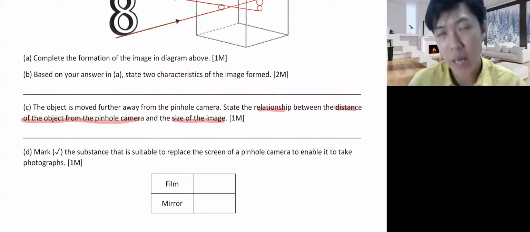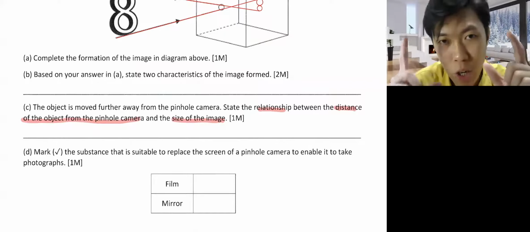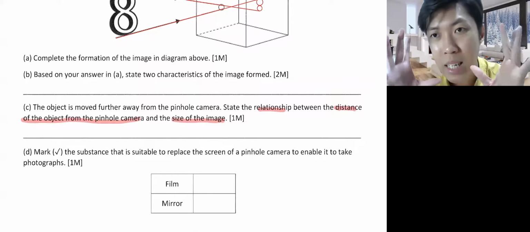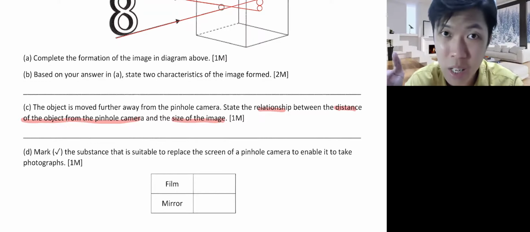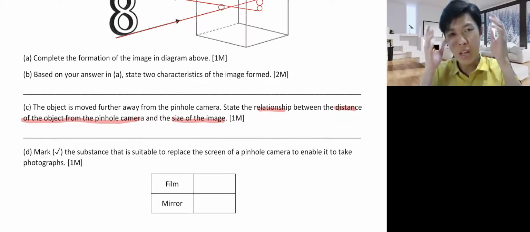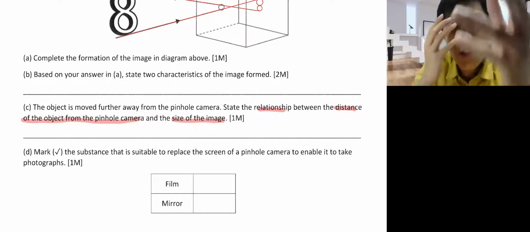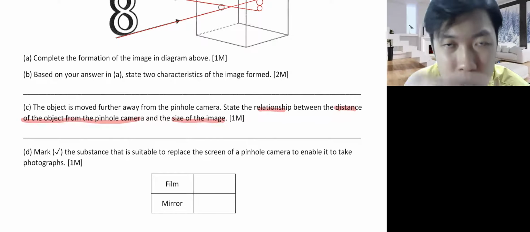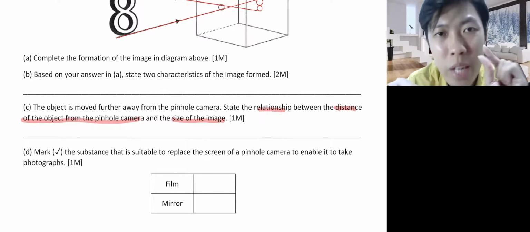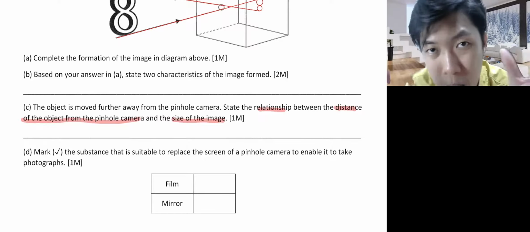If you go nearer and take a picture, the image will be bigger. If you walk further away, the image in your phone must be small. That means the nearer you are to the object, the bigger the image you get.